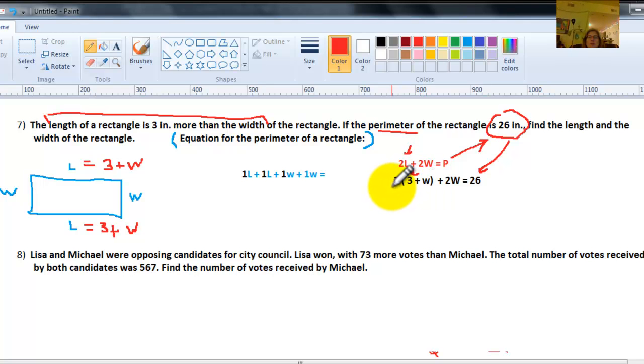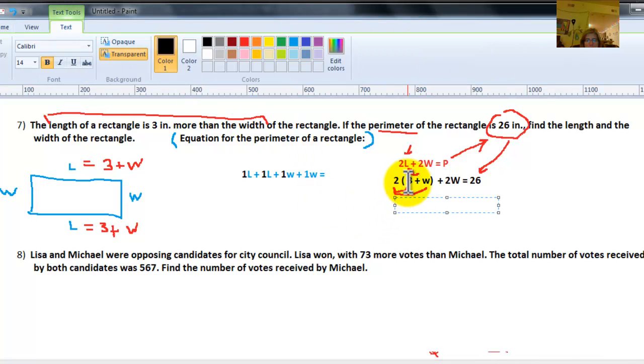To simplify this, we have to use the distributive property, so we multiply here and we multiply there. So let's see what that would be. We would get 2 times 3, which is 6, and then plus 2 times 1, so that's 2W, plus another 2W, because that's already there, that's what both of the widths added, and that will equal 26.